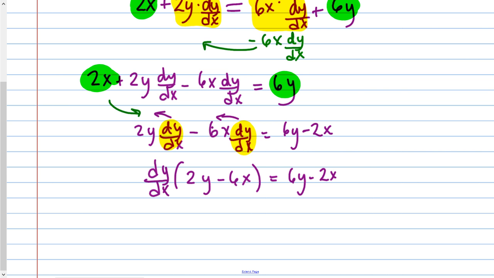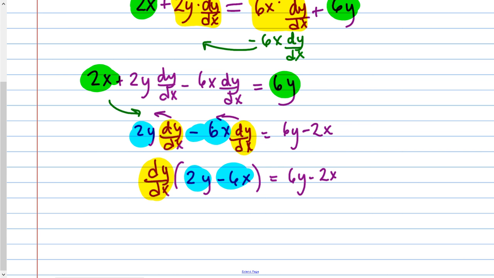Step 4 in the guidelines says solve for dy dx. So what I want to do is get this alone. Right now it's being multiplied with the 2y and the 6x. Remember, I got the 2y from here, the 6x from there.